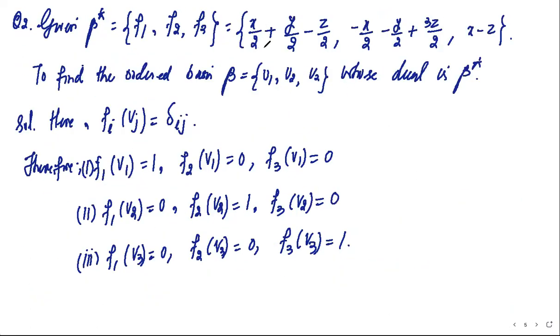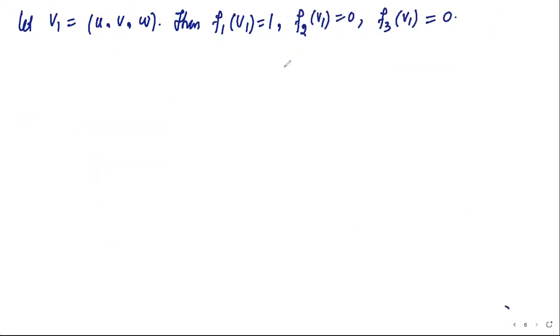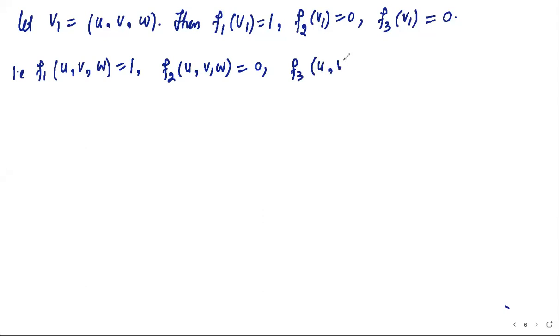Now our f1 is equal to x by 2 plus y by 2 minus z by 2. So this implies f1 of (u, v, w) is 1, f2 of (u, v, w) is equal to 0, and f3 of (u, v, w) is equal to 0.